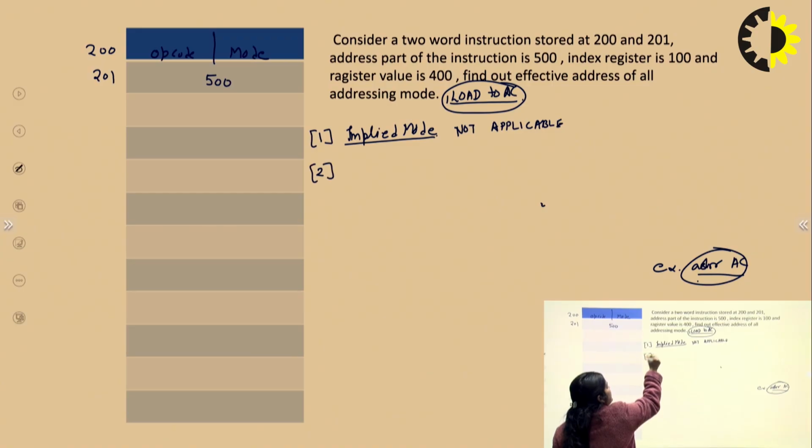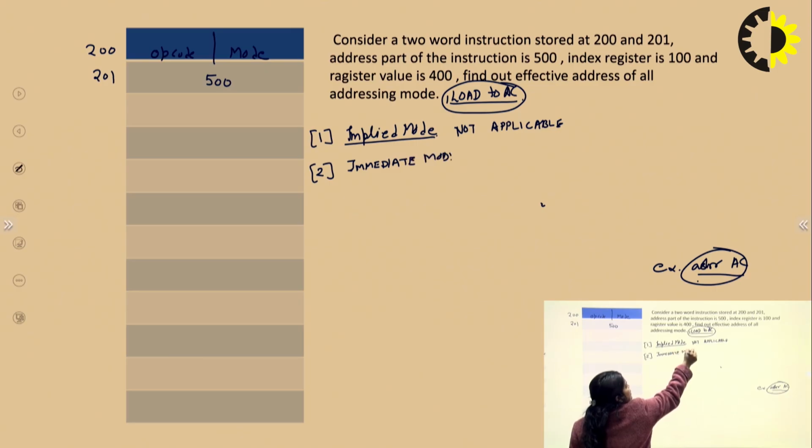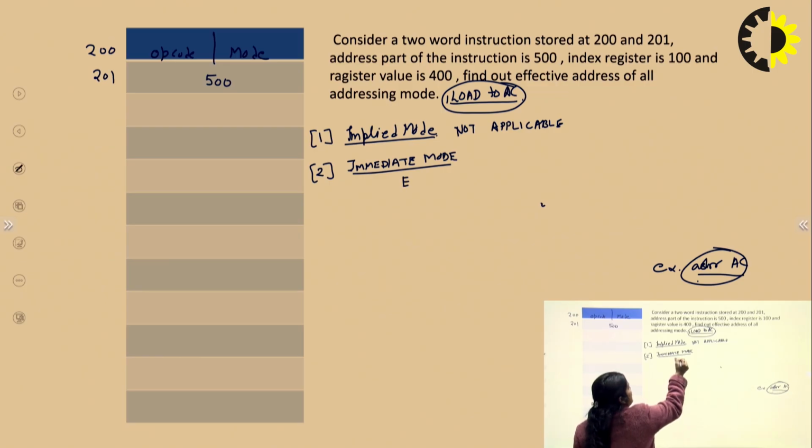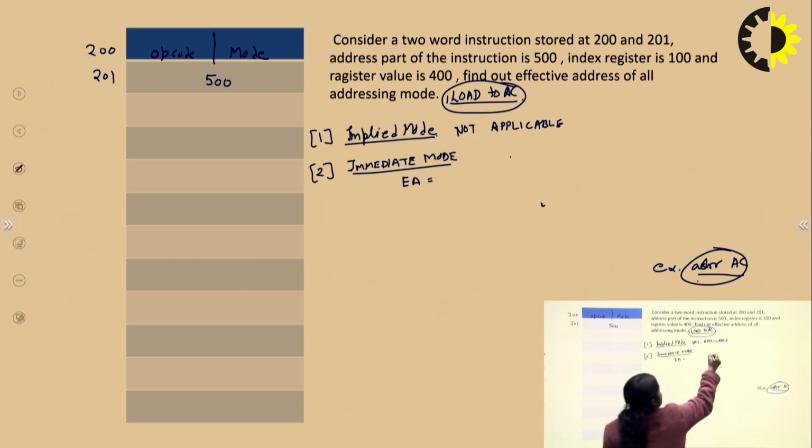Now the second is the immediate mode. In the immediate mode, the address part of the instruction is actually the effective address. So you can simply write the effective address. And in the accumulator, why am I taking the accumulator?